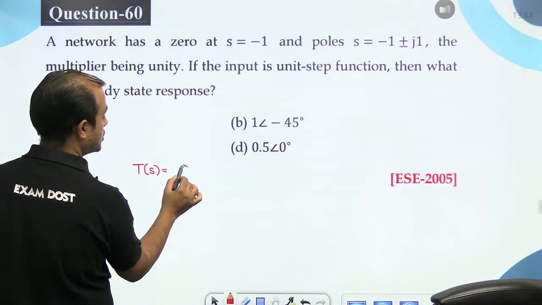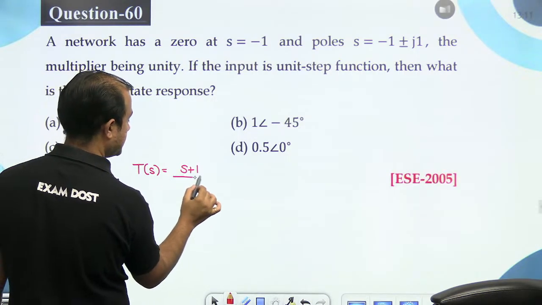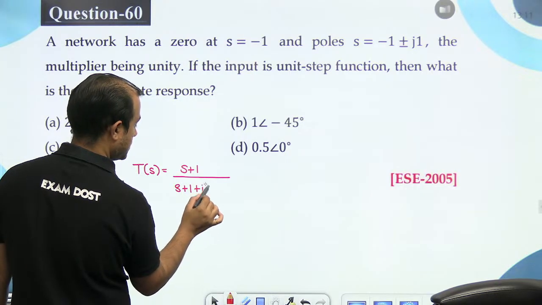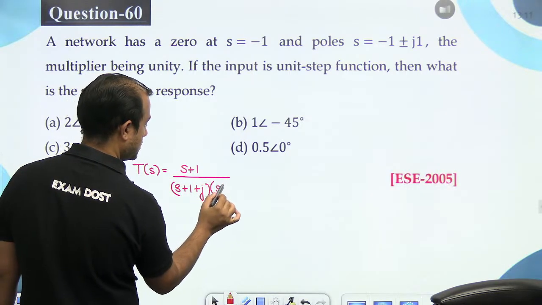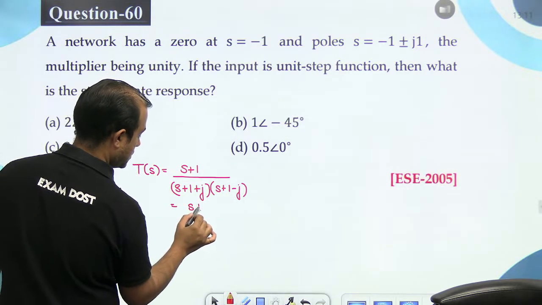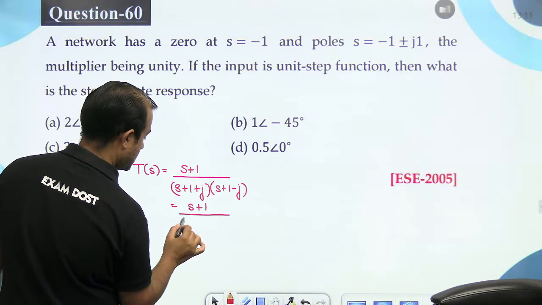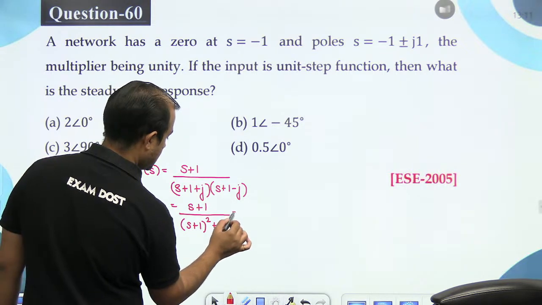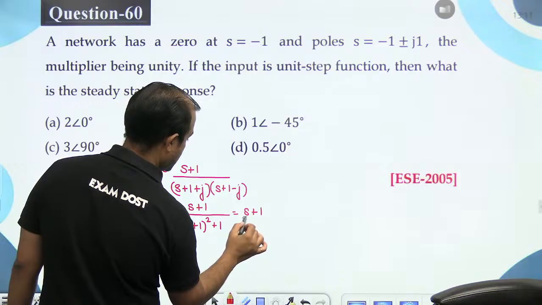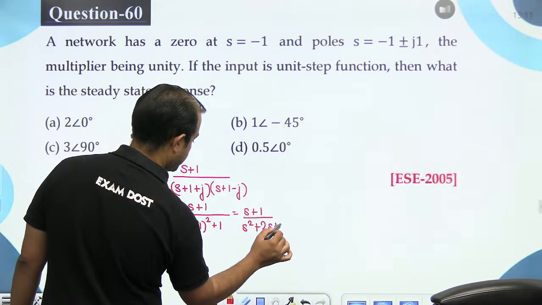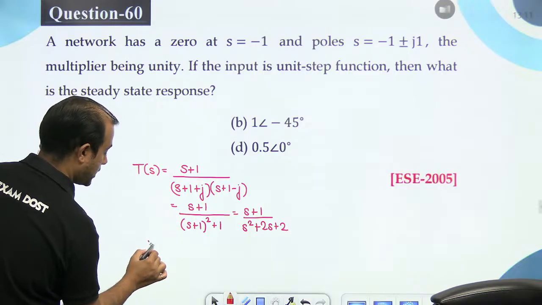So the transfer function is... now what is output?